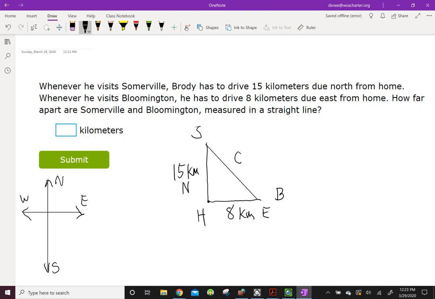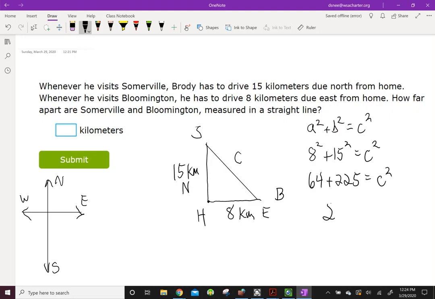Okay, so I'm trying to find C. I know that A squared plus B squared equals C squared. So 8 squared plus 15 squared equals C squared, and that's 64 plus 225 equals C squared.